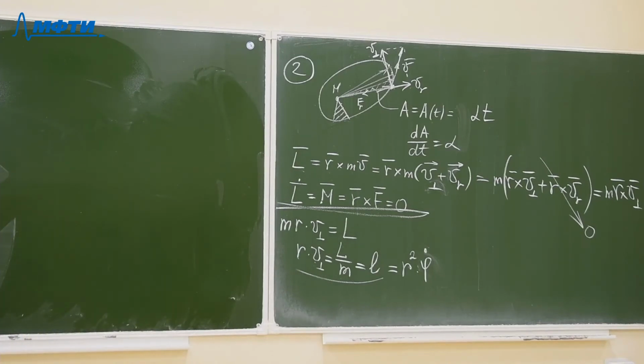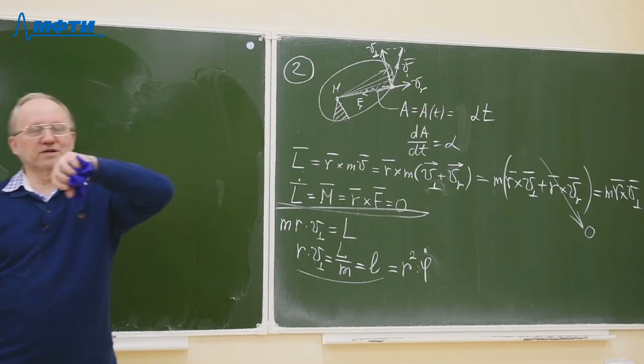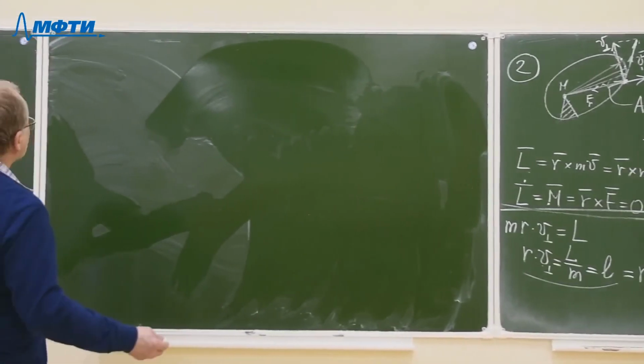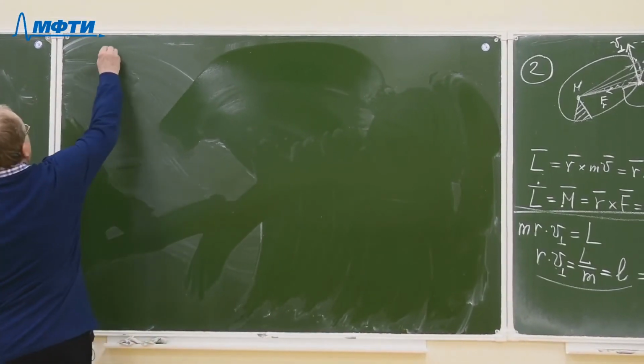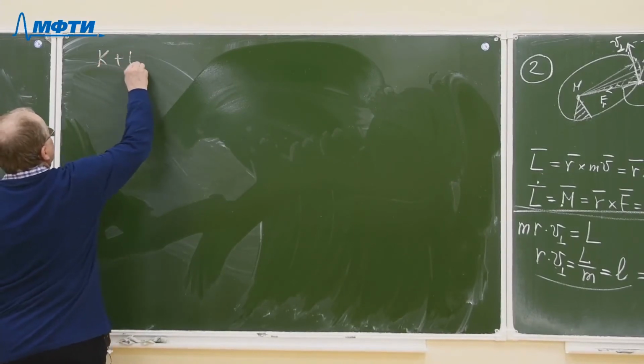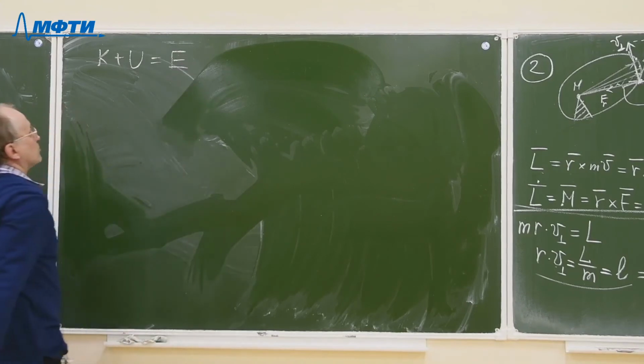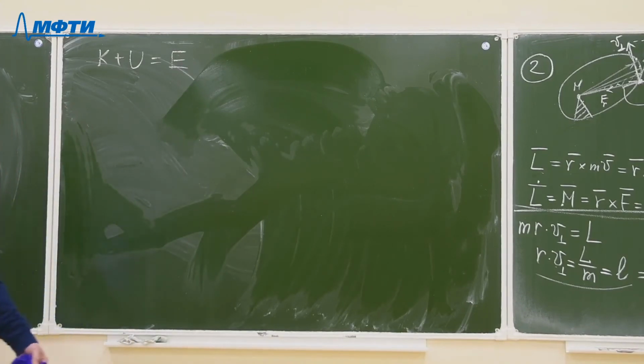Apart from the law of conservation of angular momentum, there is another law of conservation, which is conservation of energy. Conservation of energy for a planet in the solar system can be written as kinetic energy plus potential energy equals some constant, some total energy which remains constant as the planet moves along its trajectory.